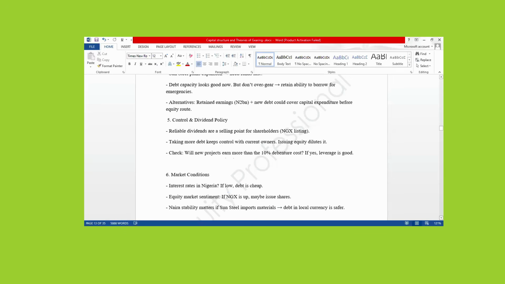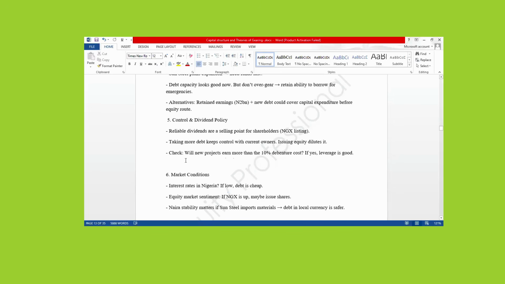Alternatively, the company can take more debt so as to retain control with the existing owners and avoid dilution. Check.